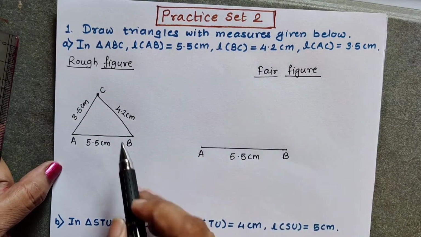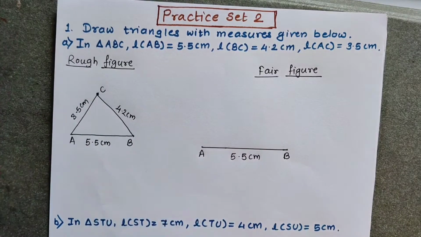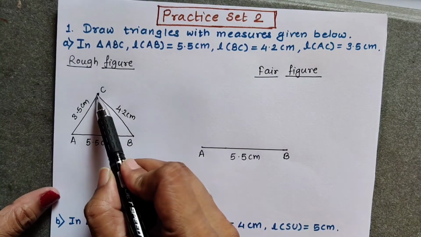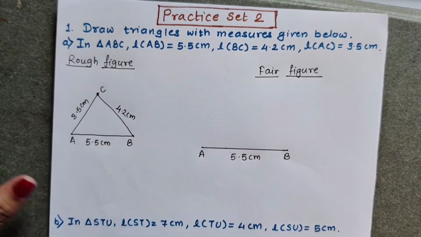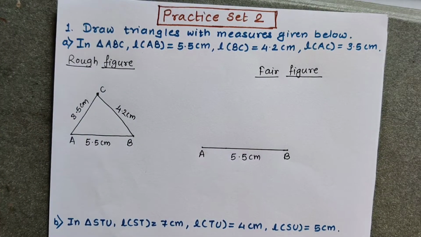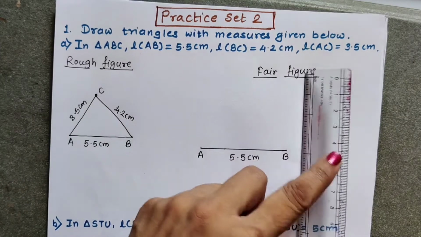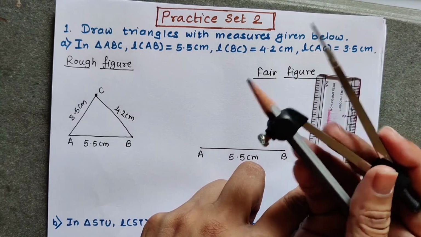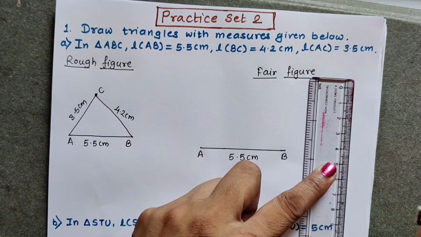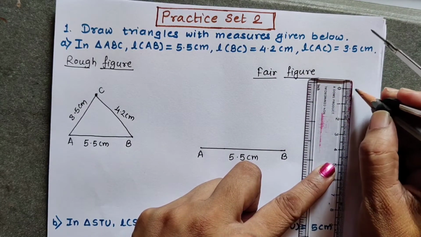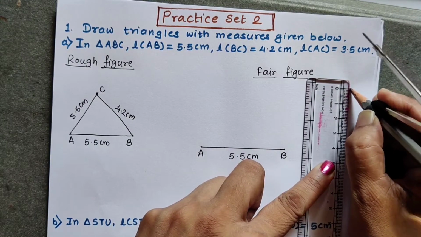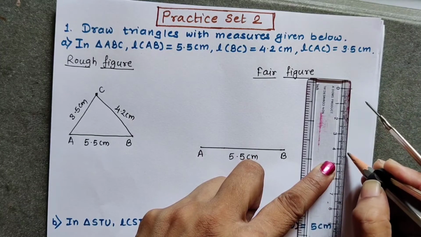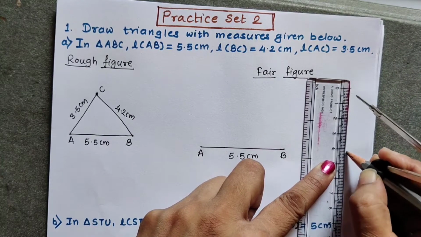Now we have to draw BC, which is 4.2 centimeter. That means we have to fix the position of point C, and from B we are going to draw an arc at a distance of 4.2 centimeter. For that we will require our scale and the compass or rounder. Now I am going to take the distance of 4.2 centimeter. I put one point at 0 and a second point at 4.2 centimeter.